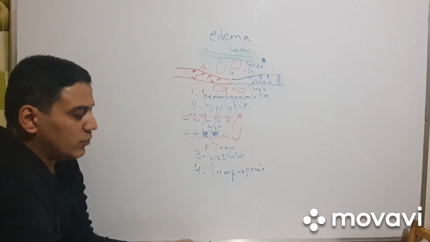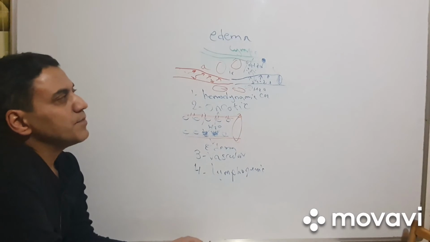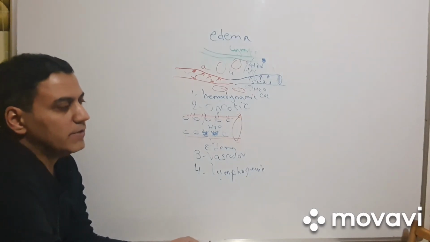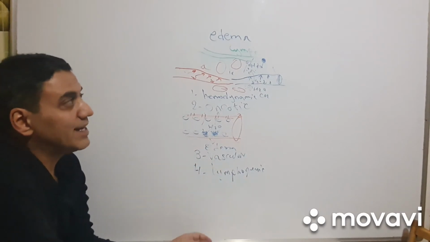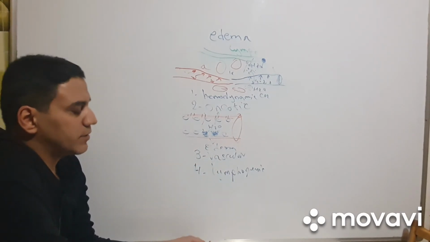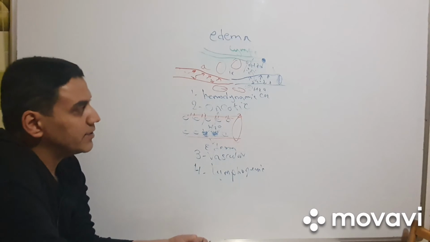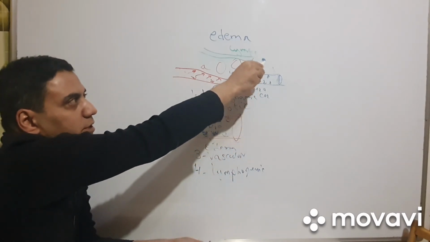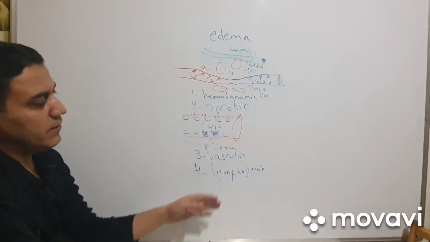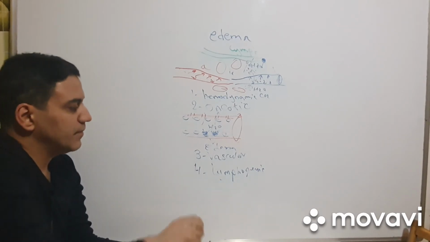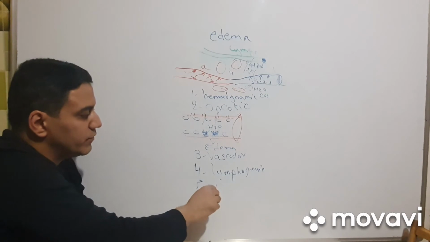The most common disease in this case is elephant disease, when the leg becomes like an elephant leg due to some filarial parasites, which cause obstruction in lymph. This is the lymphogenic factor.